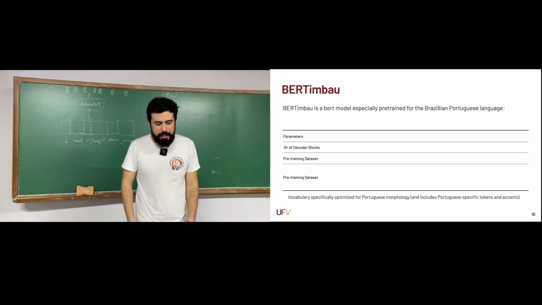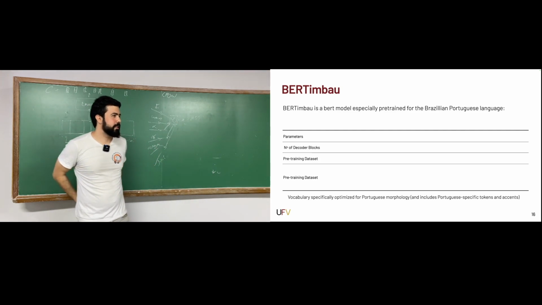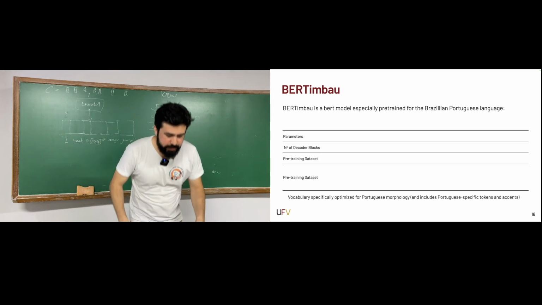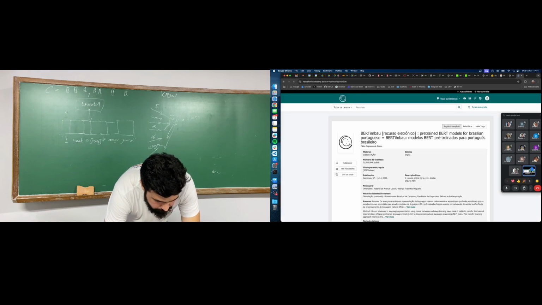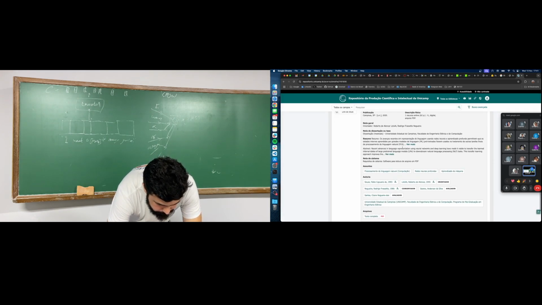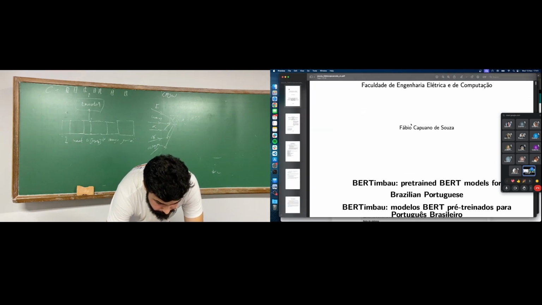And then there is a Brazilian one called BERTimbau, and I think it was trained at Unicamp as part of a master's dissertation. Yeah, I think this is the dissertation. It was a master's.